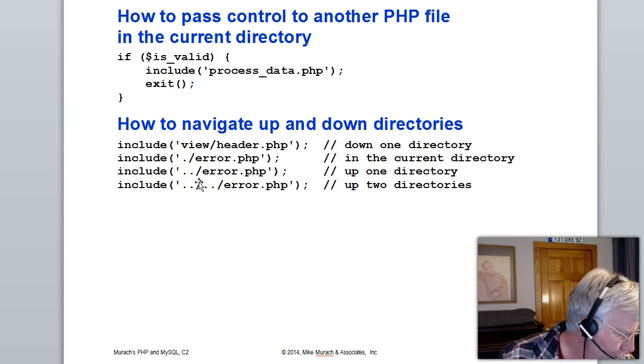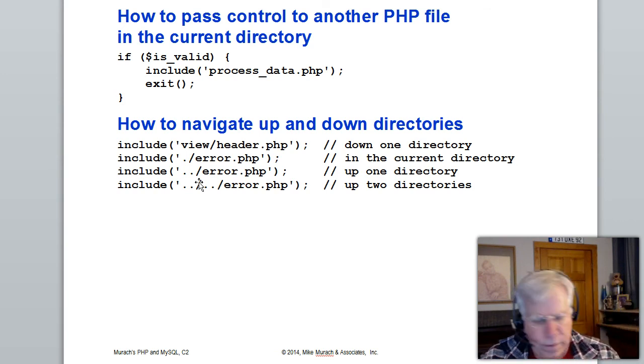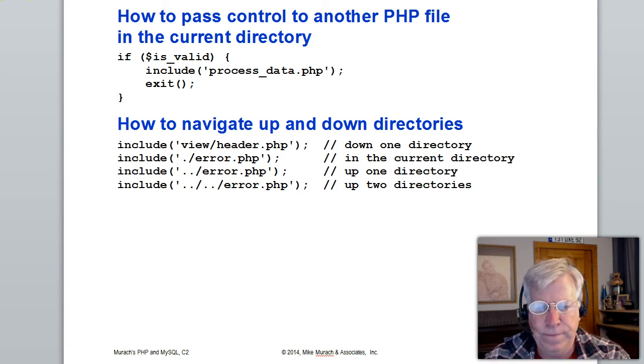Let's see, does it show what page that's on? No, that figures. Where is that? Okay, on page 79. Kind of put a little sticky note or something there on page 79, because a lot of times you'll be looking for that. You'll be saying, I'm trying to pull some PHP code from another folder, from another directory, and I need to make sure I'm in the right relative position.